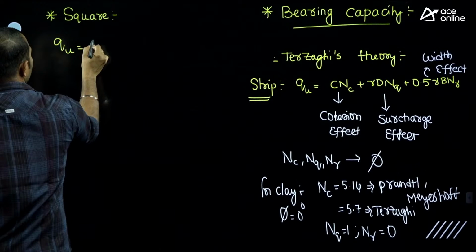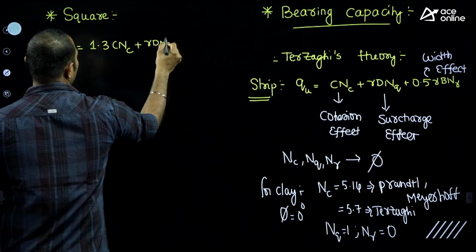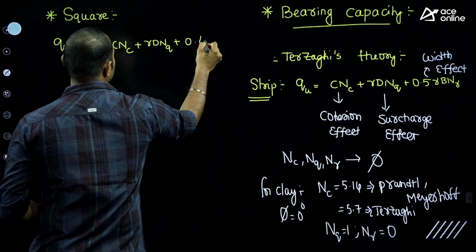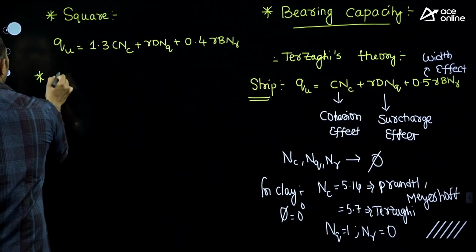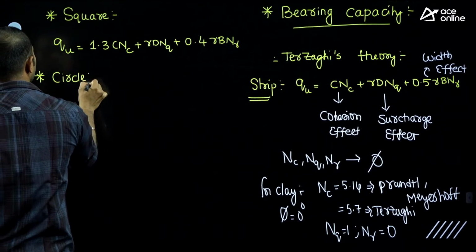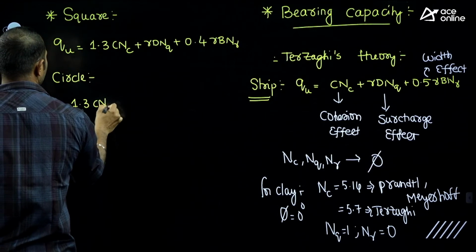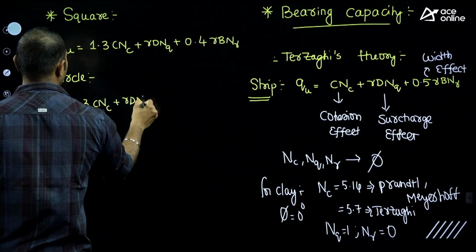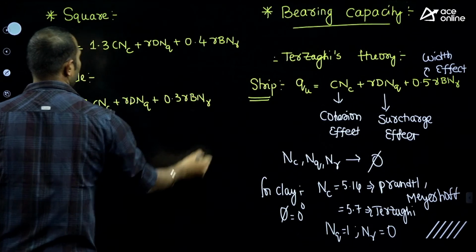in the case of the square, Qu is just a modification: 1.3 cNc plus gamma D Nq plus 0.4 gamma B N gamma. That is for the square. And in the case of the circle, the ultimate bearing capacity is 1.3 cNc plus gamma D Nq plus 0.3 gamma B N gamma.